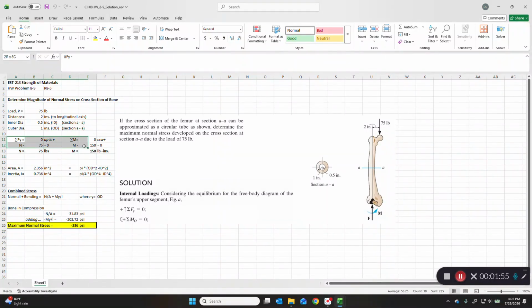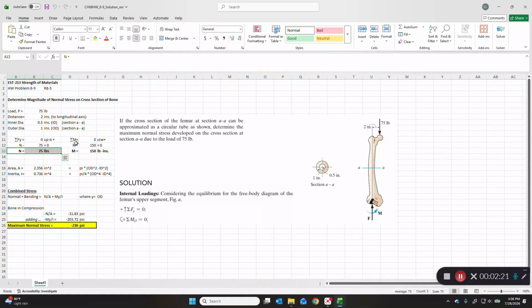So let's go right to the equilibrium equations. The sum of the forces in the y direction for this bone in equilibrium, it's just in compression, so it's in equilibrium, and it should be 0. So up is positive, so you've got minus 75, and then you have your normal reactive force. So the normal reactive force is positive 75. You just bring that over to the other side of the equation.